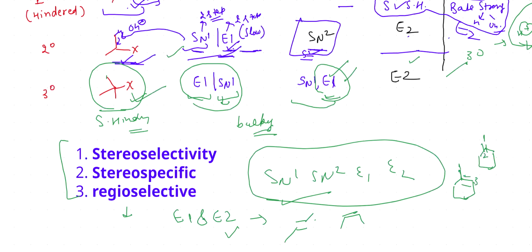So here the reason is different. Here is the case of diastereoselectivity. In this case, both have different stereochemistry. This is trans and this is cis. So in which reaction, in E1 what kind of product is formed, either cis or trans, as well as in E2, we will study this in the next lecture.